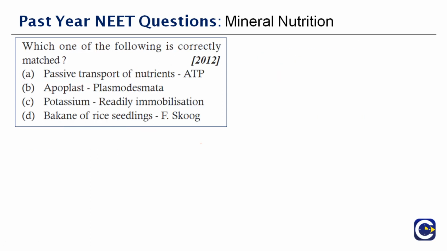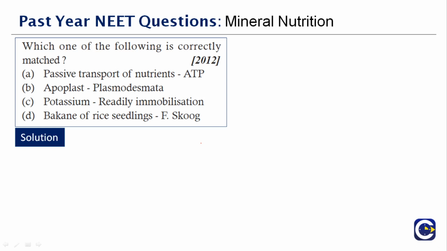Next question here. Which one of the following is correctly matched? And this question was asked in the year 2012. We have to analyze the statements here, okay? Passive transport of nutrients through ATP is wrong. Apoplast, plasmodesmata, wrong. Potassium readily immobilization, that is right.